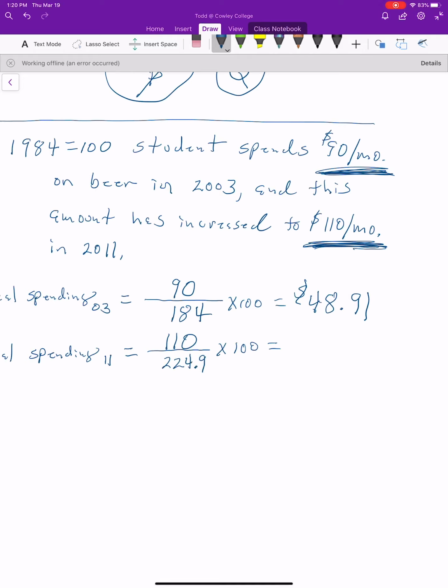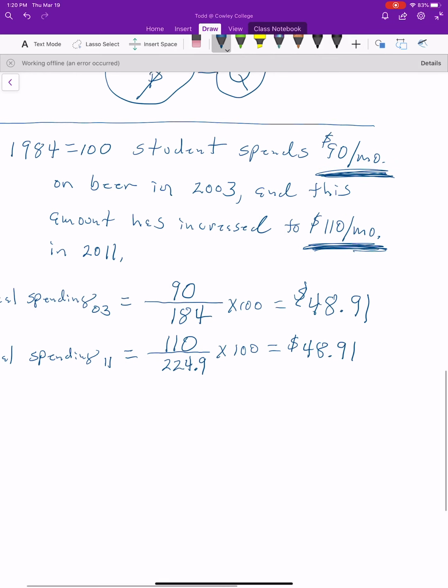And if you take 110 divided by 224.9 multiplied by 100, lo and behold, you're going to come out with $48.91. When you're dealing with everything but gross domestic product, always round to the second digit because this is a dollars and cents problem.